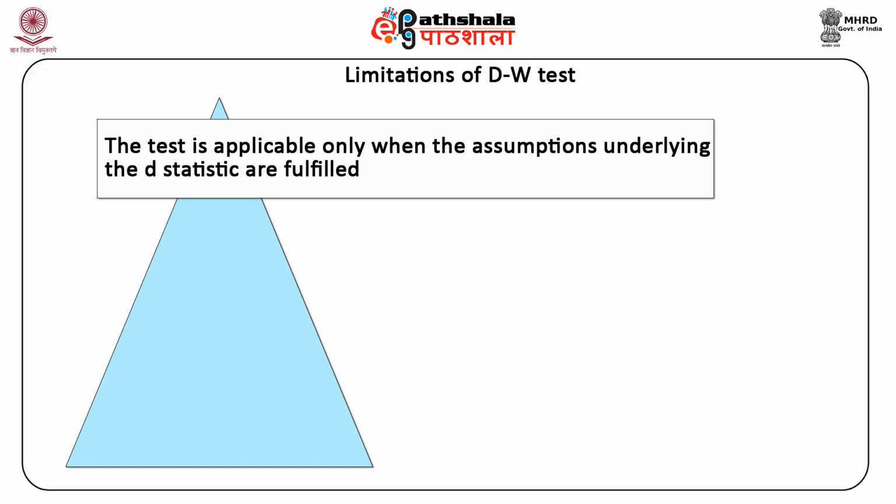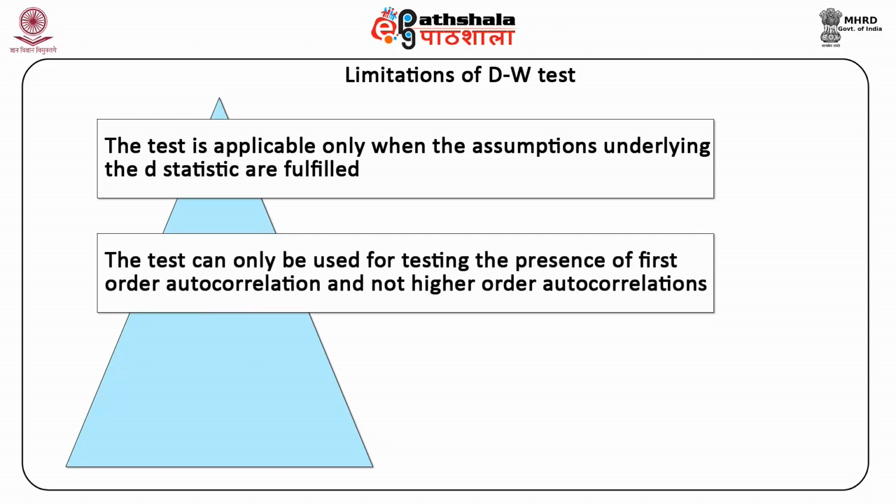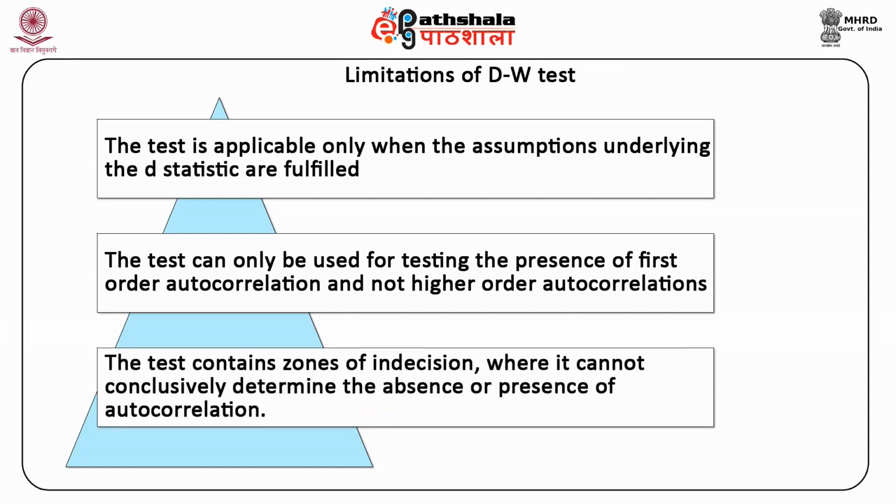The second is that the test can only be used for testing the presence of first order autocorrelation and not higher order autocorrelation. And the third limitation is that the test contains zones of indecision where it cannot conclusively determine the absence or presence of autocorrelation.